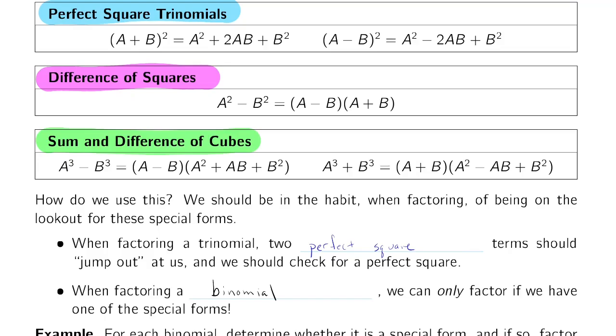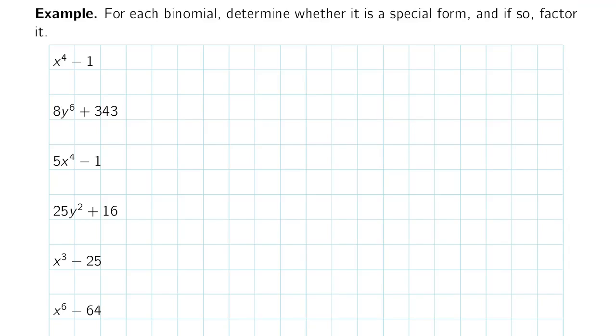So when we come to a binomial that we want to factor, we have to examine it and say, is this one of our special forms? So here we have some binomials that we want to factor, and we're going to look at them and say, do I have a special form on my hands?